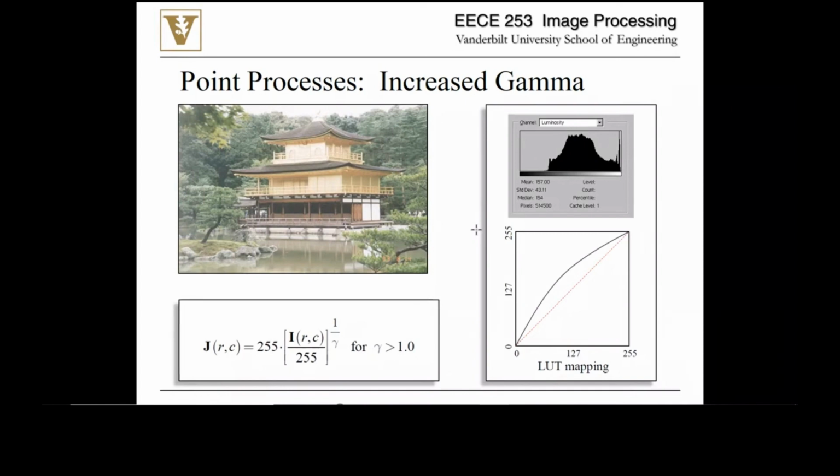So we want the maximum number to be 1. So you take the input image, divide by 255. So you are sure now that any pixel is smaller than 1. Then you perform some operation and then you restore the original range.